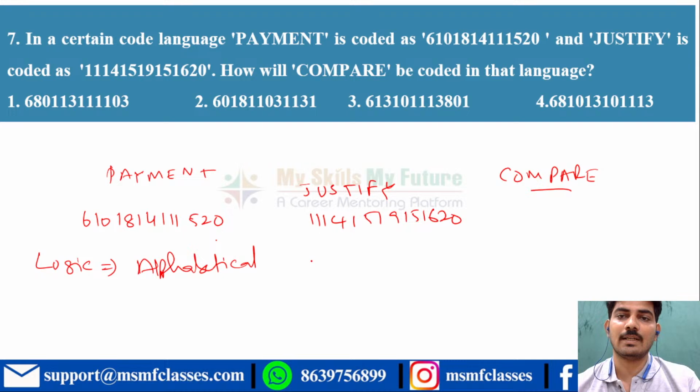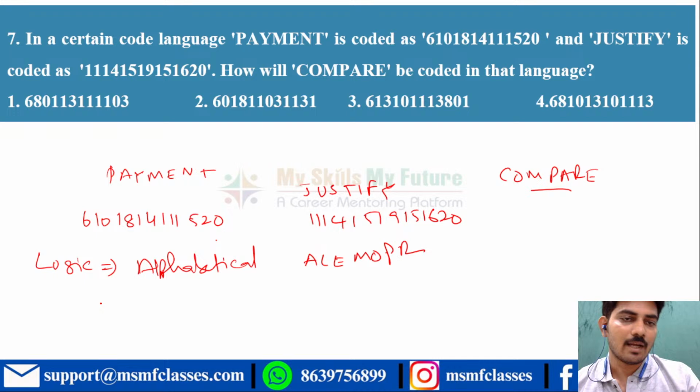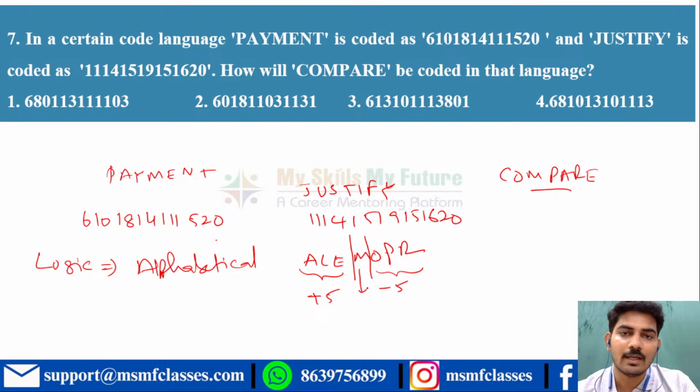The alphabetical order for compare will be A C E M O P R. After writing the alphabetical order, we need to divide. The first three letters are added by plus 5 and the last three letters are subtracted by 5, and the middle letter will be the same.